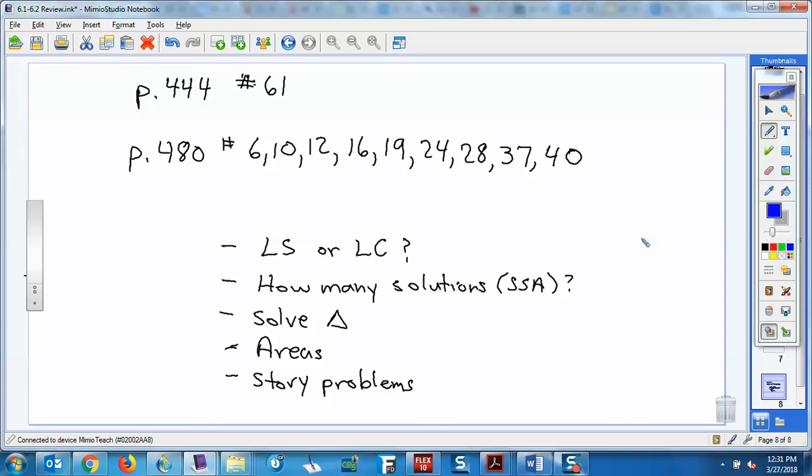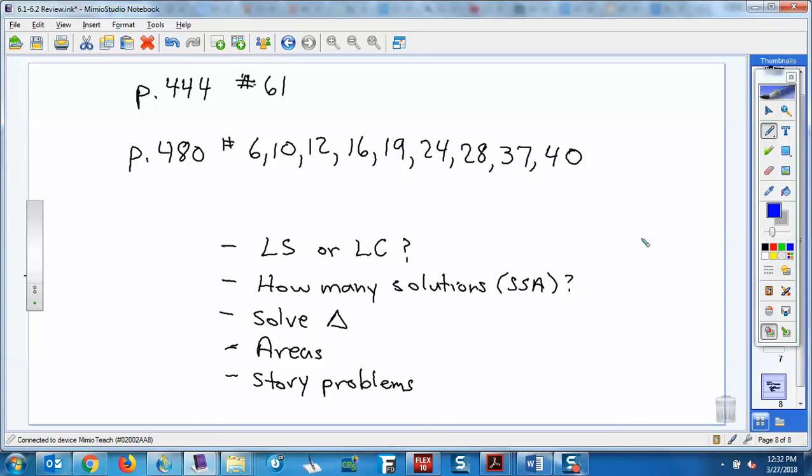If you have a side situation, it is possible that no such triangle exists. Remember the triangle inequality: any two sides of a triangle have to add up to be more than the third side. So it's possible you could be given a problem where there would not be a triangle that would have those numbers.